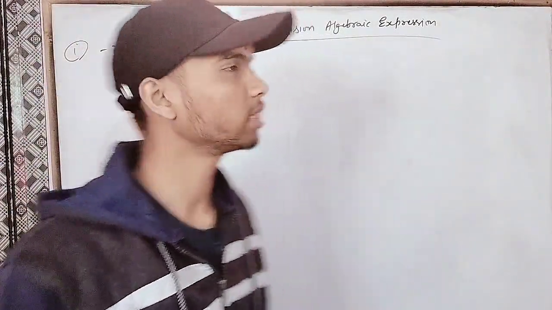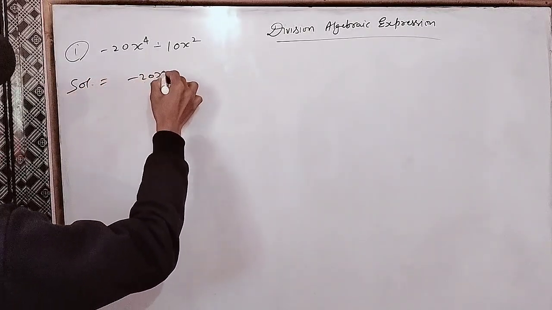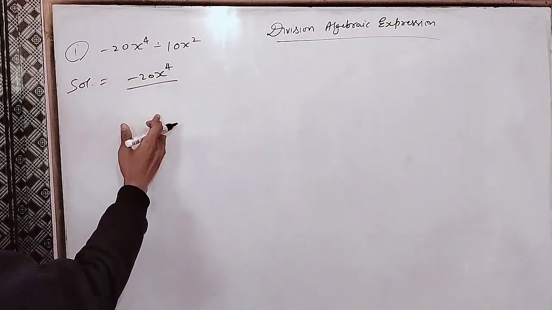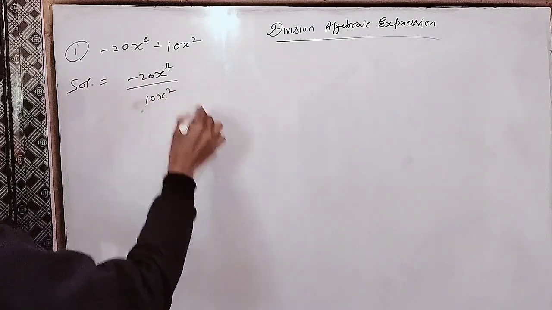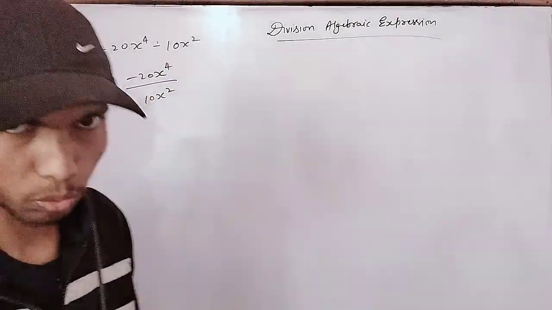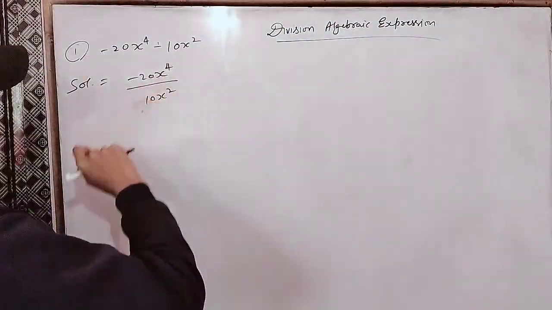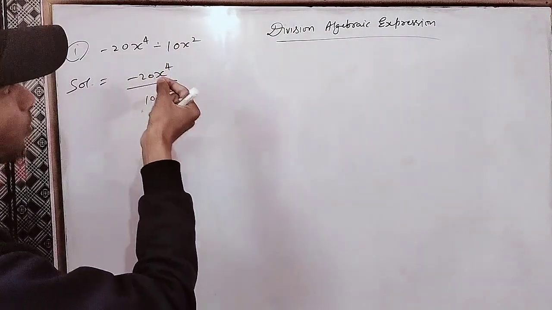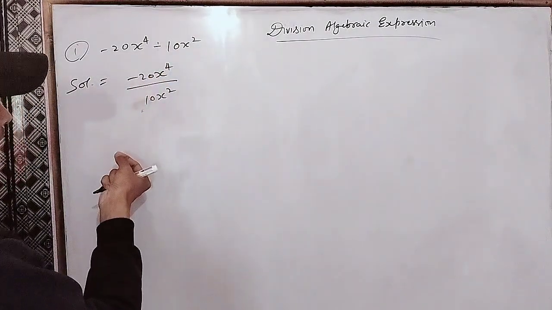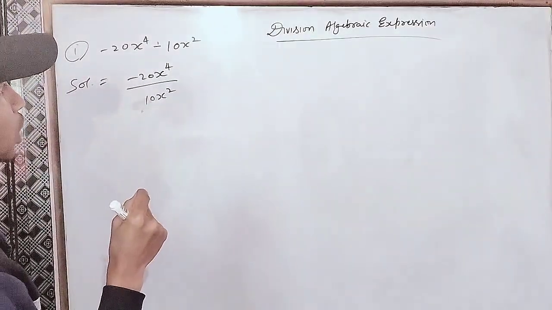Let's simplify it. It can be written as minus 20 x raised to the power 4 upon 10 x square. Here we have x raised to the power 4 in the numerator and in the denominator we have exponent 2.